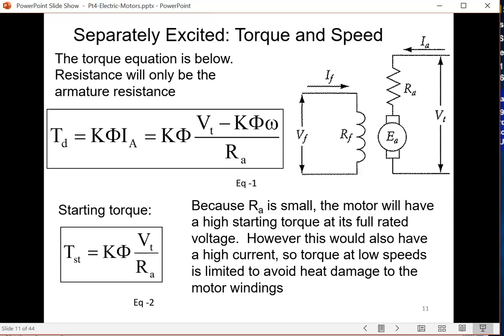So although it looks good to have a higher starting torque, that can only work for a very short time period. You will have to reduce that current afterwards because otherwise it produces too much heat in the machine, and the temperature will go up. Eventually, the machine will burn.